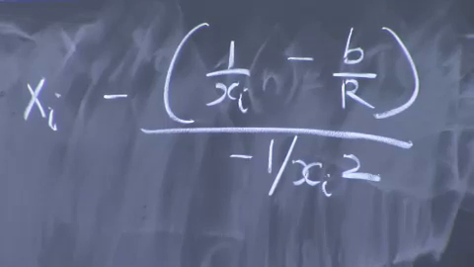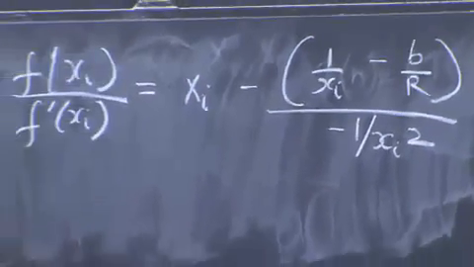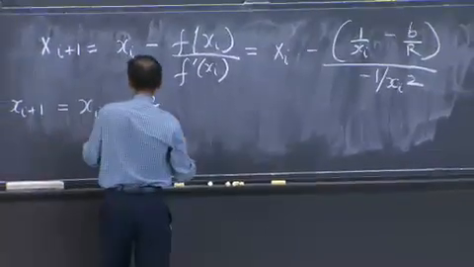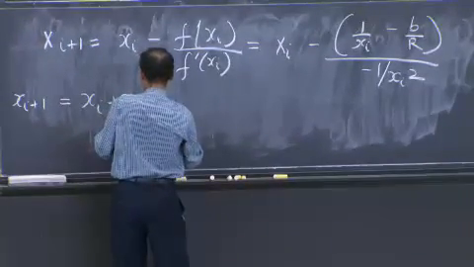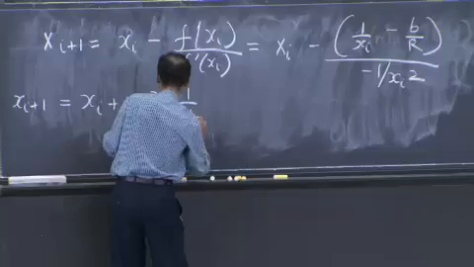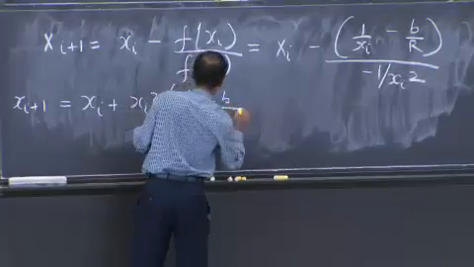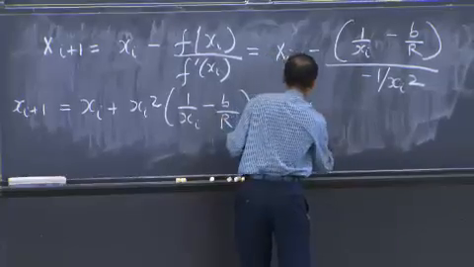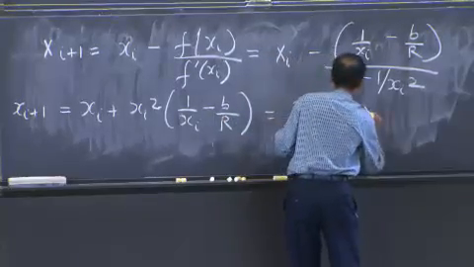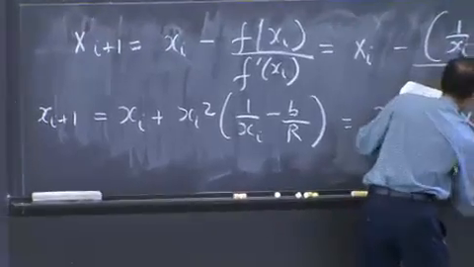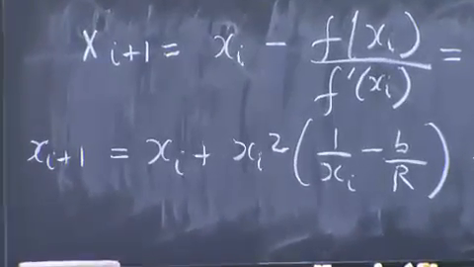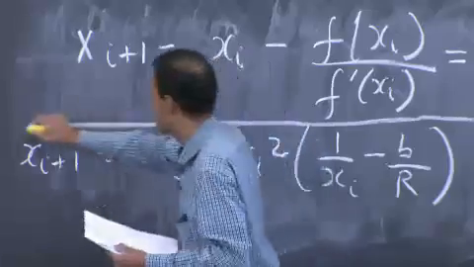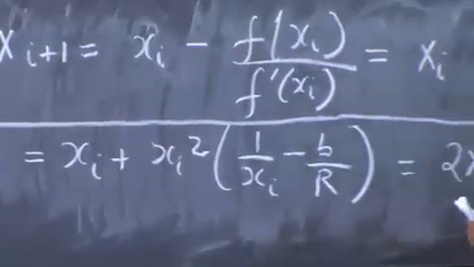And we have xi plus 1 equals xi plus xi squared times 1 over xi minus b divided by r. And finally, I get 2xi minus b xi squared divided by r. Right? That is key. This is pretty important.